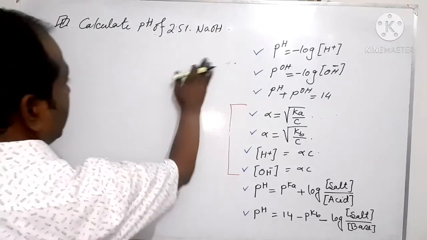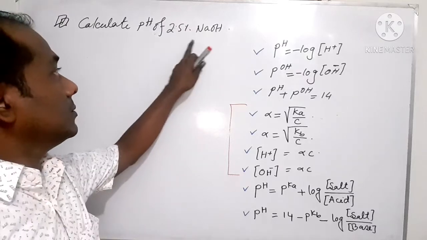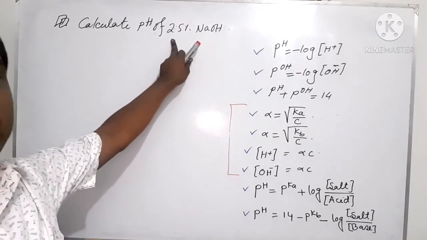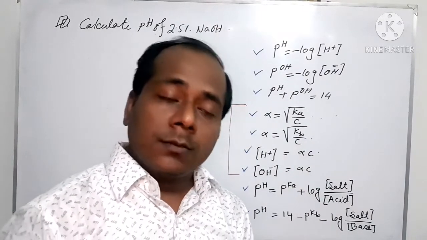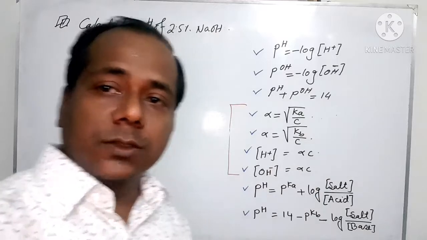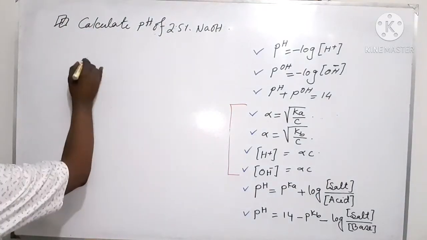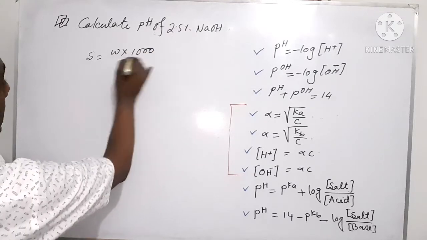Here the percentage of sodium hydroxide solution is 2.5%. So at first we have to calculate the molar concentration of this sodium hydroxide solution, and we use the formula S equal to W into 1000 divided by mV.